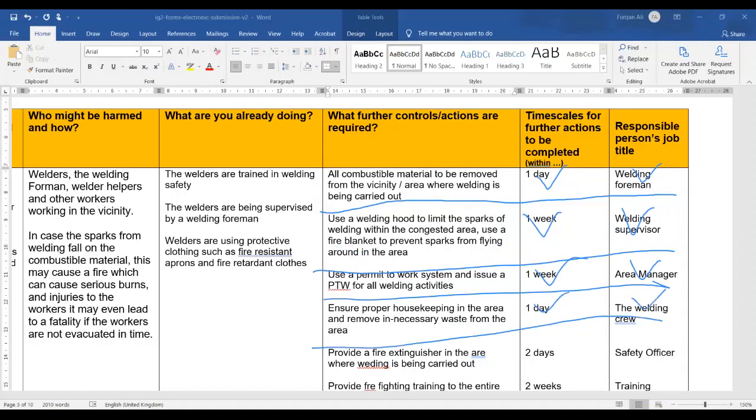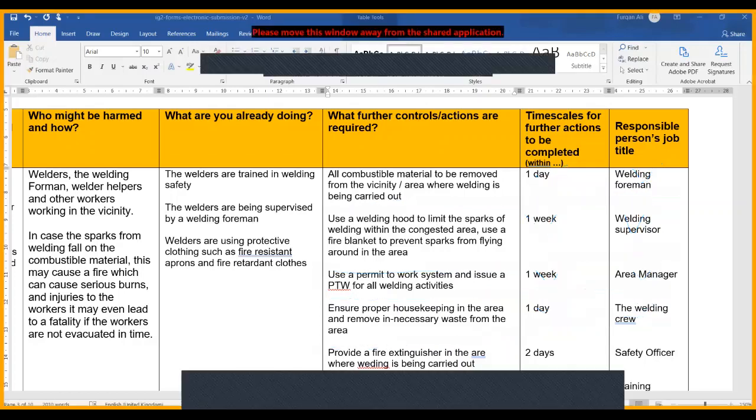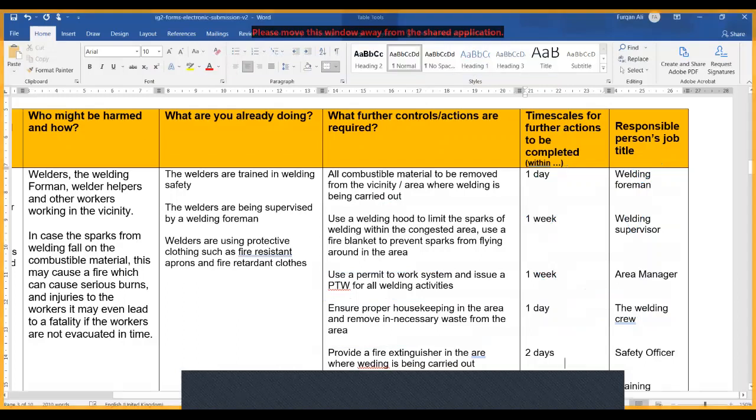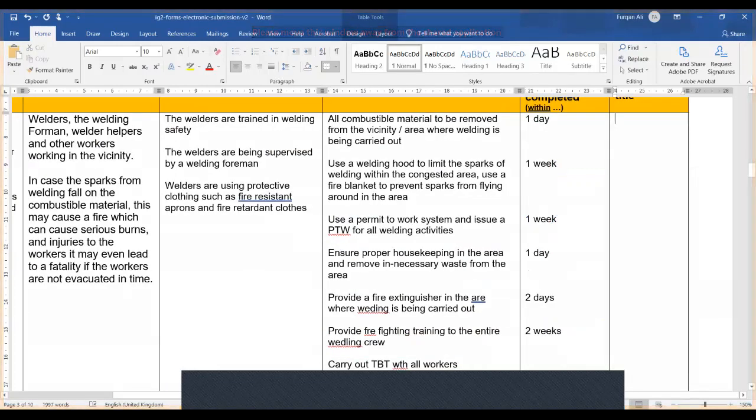It shouldn't be like, some people make a mistake. Let me show you what mistake people make. Some people will write over here only project manager, okay? And they will do it for all the actions.